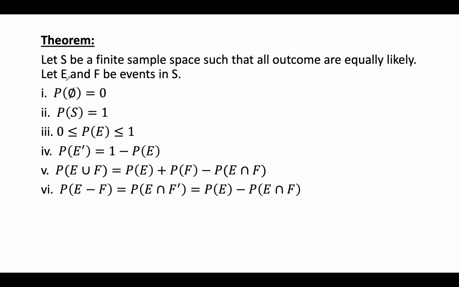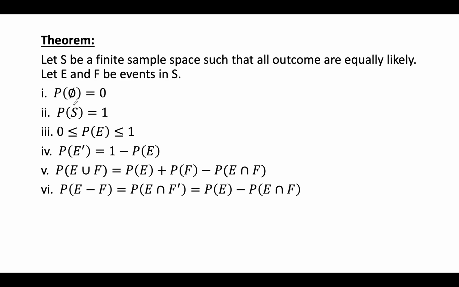It says that let S be a finite sample space such that all outcomes are equally likely, and E and F be events in S. So the probability of phi, which is not getting any sample point, is equal to 0. This event does not occur.